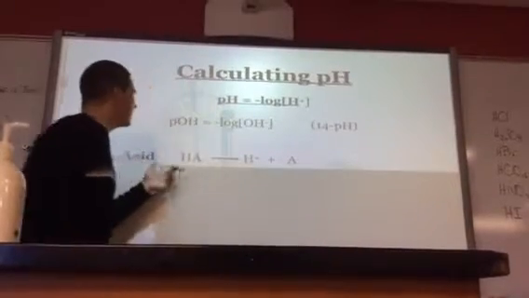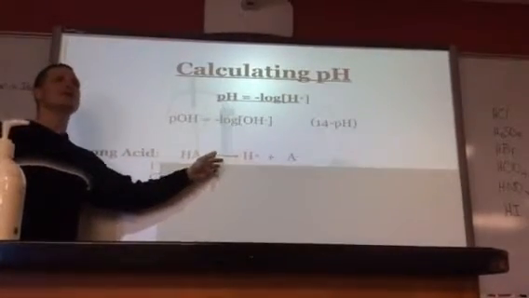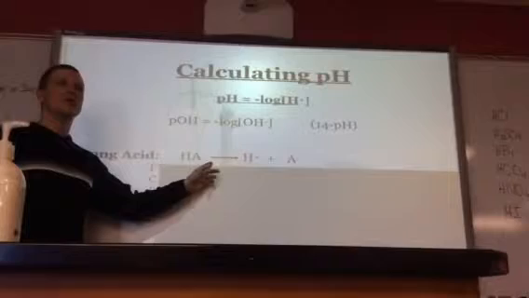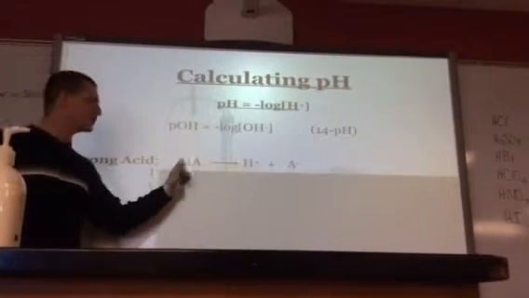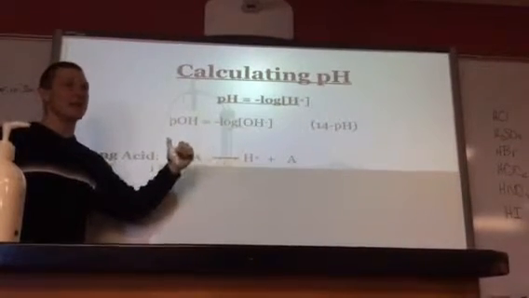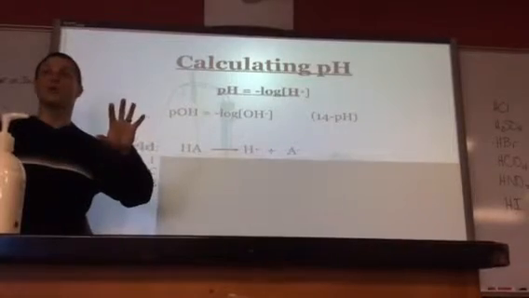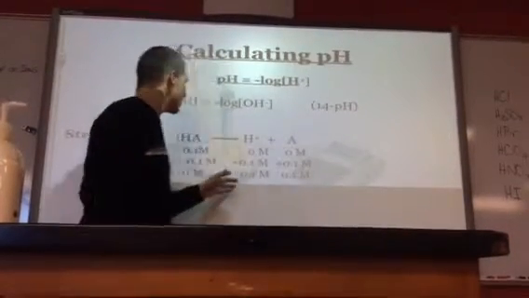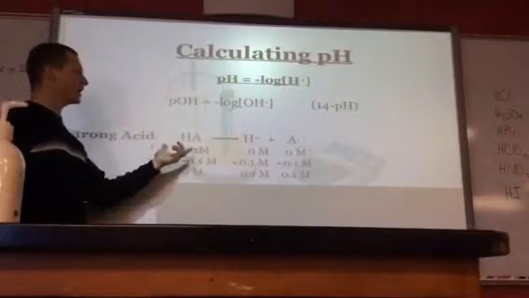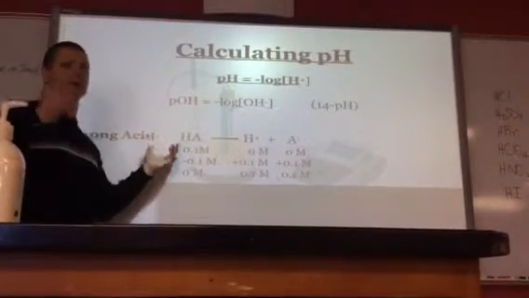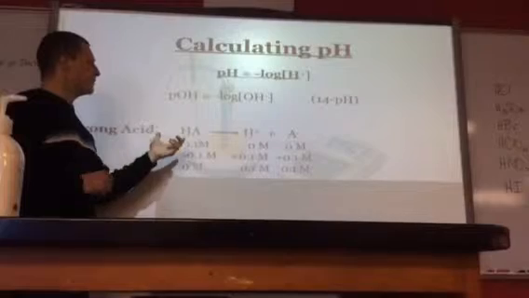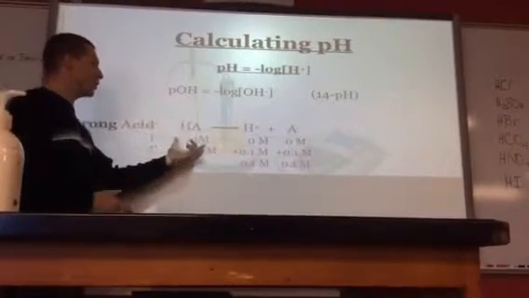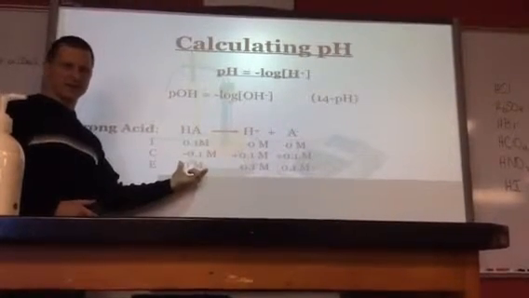So, if we have a strong acid, notice this arrow. It's a single direction arrow. It goes from there to there, does not come back the other way. So there really is no equilibrium with a strong acid. So, if we had like a 0.1 molar solution of nitric acid or HCl or whatever, when this thing dissolves in water, there's none of it at the end.